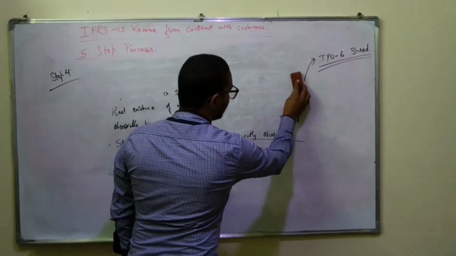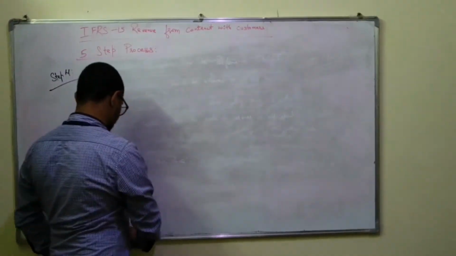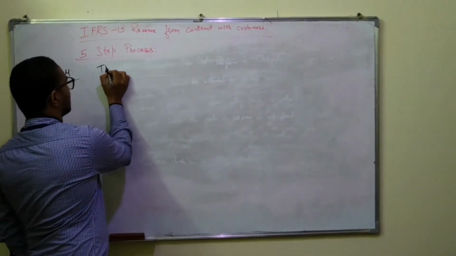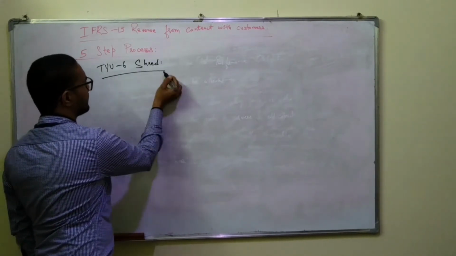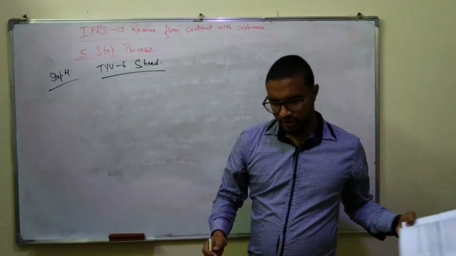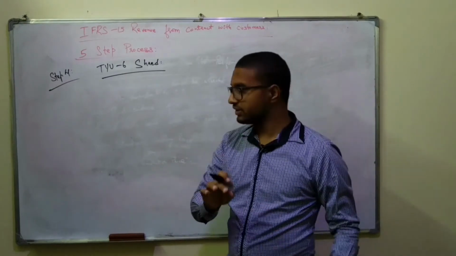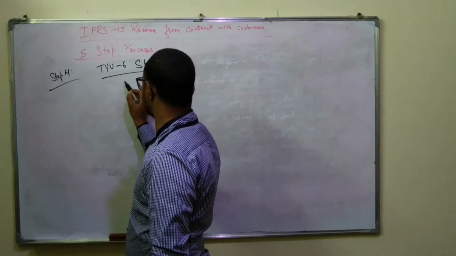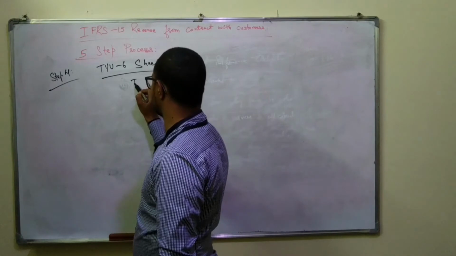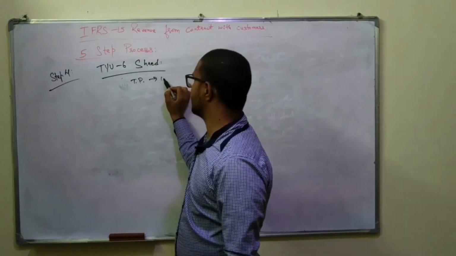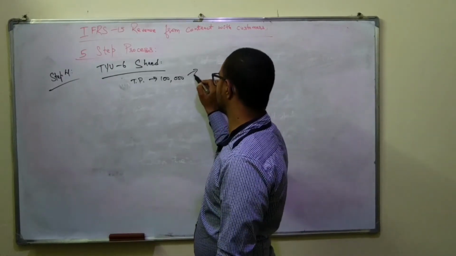So what we have in this TYU6 is Shred. Let's look at the question. Shred sells a machine and 1 year free technical service for 100,000. So the transaction price is 100,000 for the machine and 1 year service.